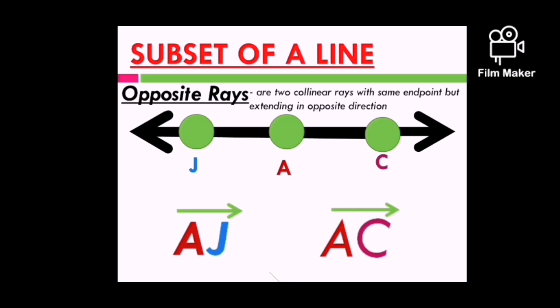The two rays are considered opposite rays because the endpoint that they have is the point A and they extend in different directions.